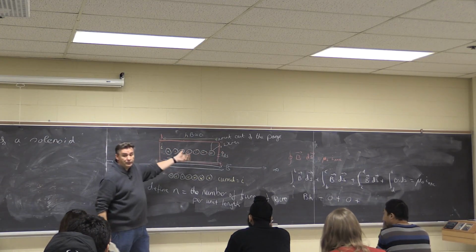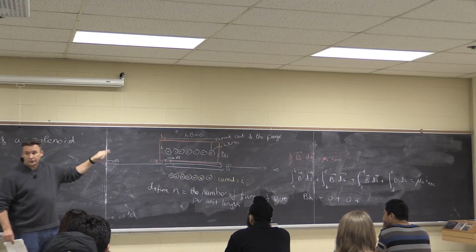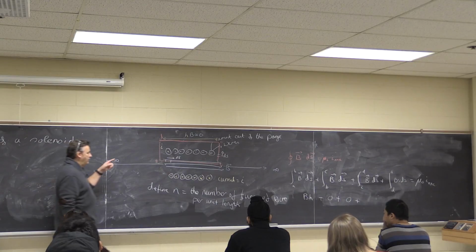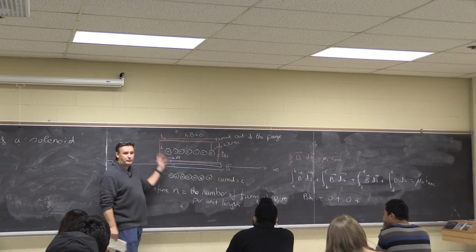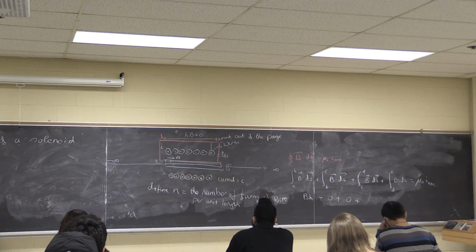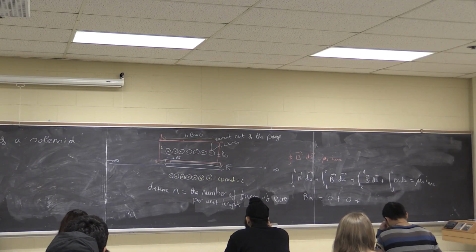If I've got many turns, and most solenoids will have hundreds or thousands of loops of wire, that's a reasonably good approximation. If I've got one loop of wire or maybe two loops, that's probably not a good approximation, and you probably want to redo this with maybe a circle or some other way of analyzing it. But for a long wire, this is a reasonably good approximation.